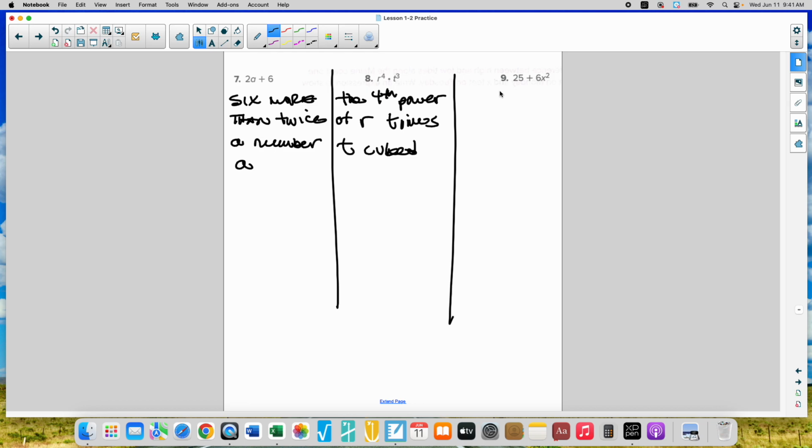And let's do 25 plus 6 times a variable, a cubed, ooh, no, a squared times the square of x.